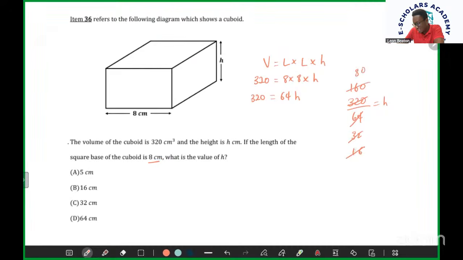And 4 can go into 16 four times. This will be 20, and 20 divided by 4 will give me 5. So the answer is 5. No calculator, so you have to find smart ways of doing this, and ways that will save you time.